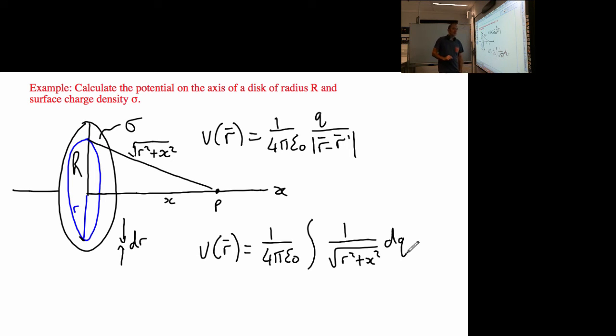We're integrating over all of that charge. So just as for the potential of a ring, we get 1 over 4 pi epsilon naught times Q, the total charge in the ring, divided by the square root of r squared plus x squared. That's the first part of solving the problem.